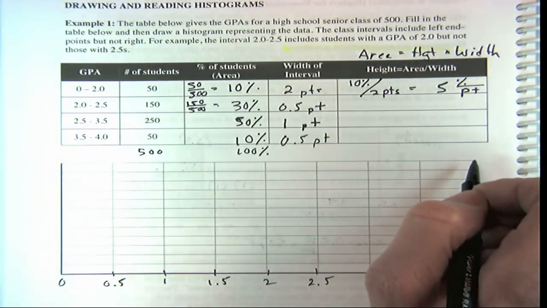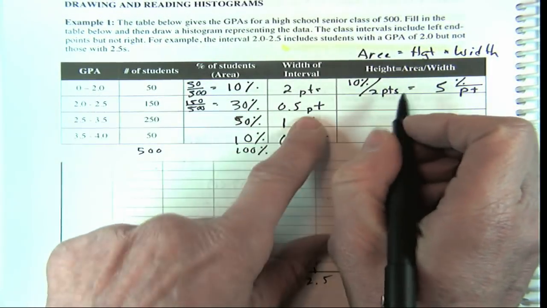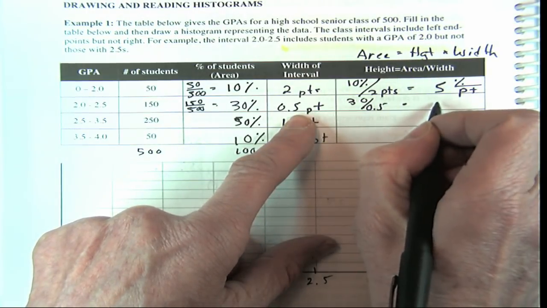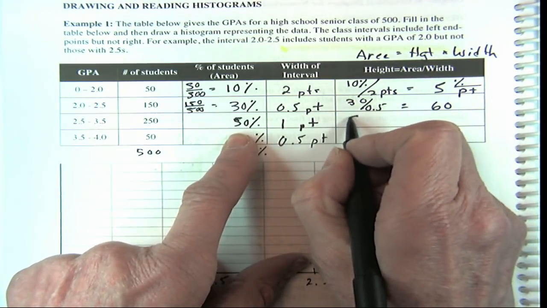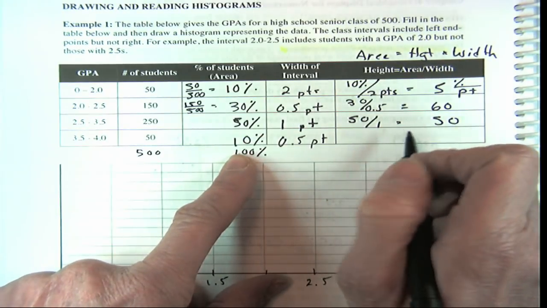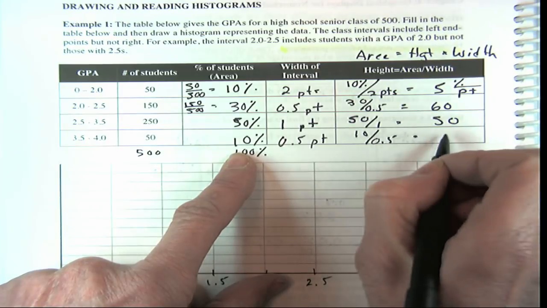And these are all percent per point. And the next one is 30 divided by 0.5, so that's 60. The next one is 50 divided by 1, so that's 50. And the last one is 10 divided by 0.5, so that's 20.